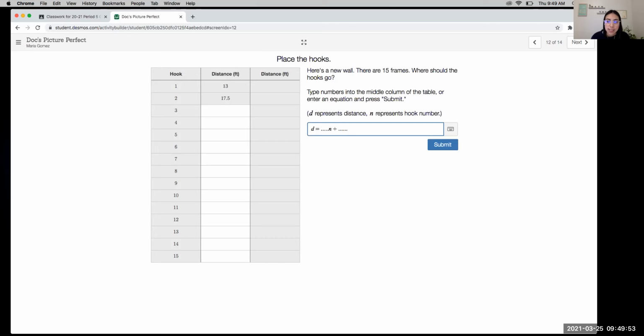Good job, you guys. Again, do you have to write the equation? No, not at all. As soon as you realize what's going on between your distances here of 13 feet and 17.5, then that's what you can do.